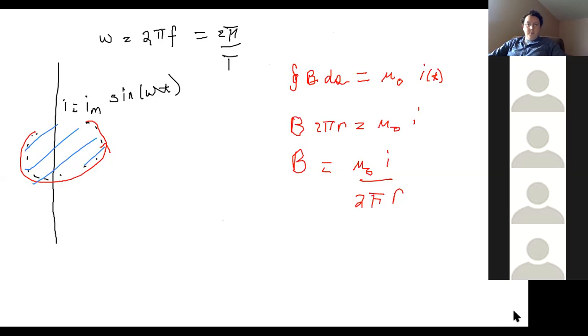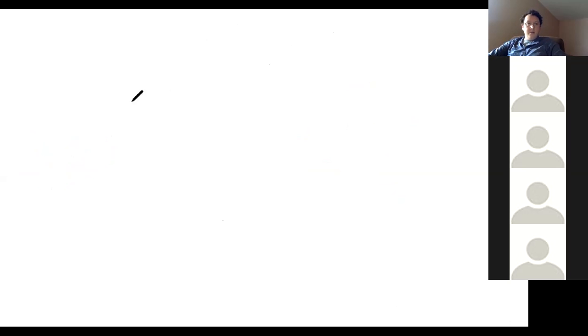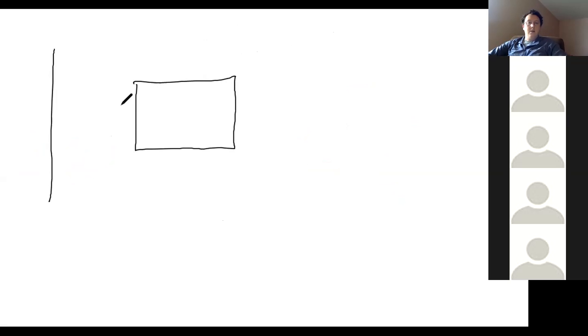Now that we have that formula, we have to deal with this rectangle. So I have my wire, and then I have this rectangle. And I have the magnetic field lines, which go kind of through it, like that.